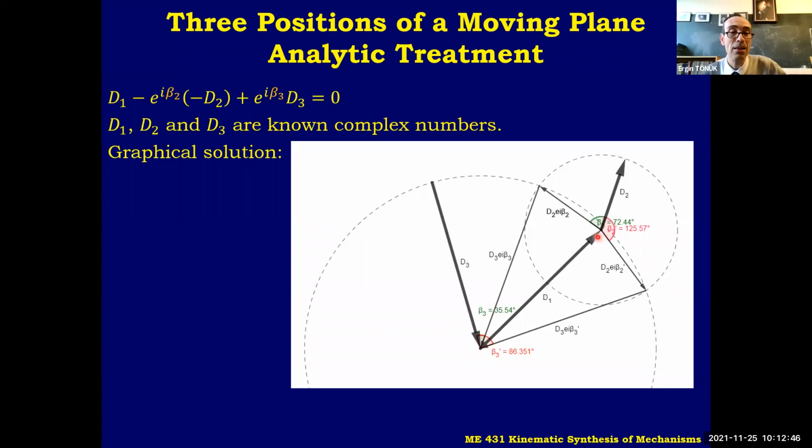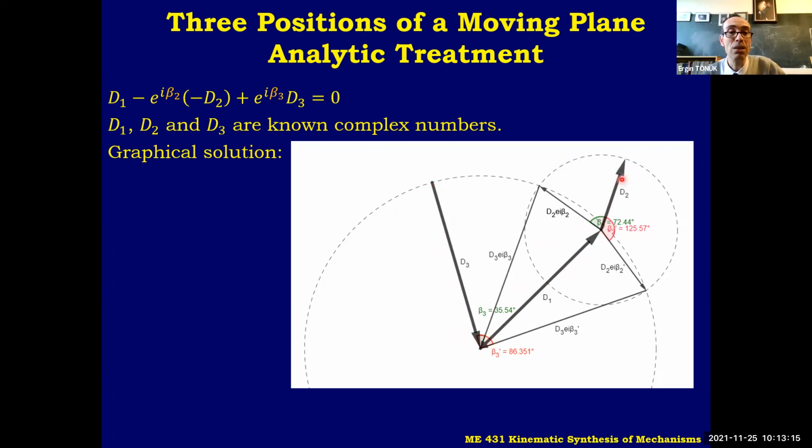And then on tip of it, I draw D2, which is another complex number. And I also draw D3, which comes to the tail of D1. And I can do those because these are known complex numbers.